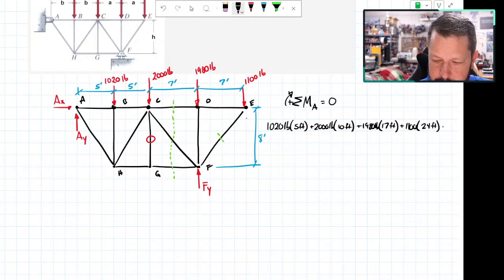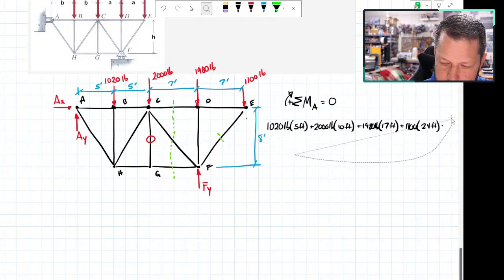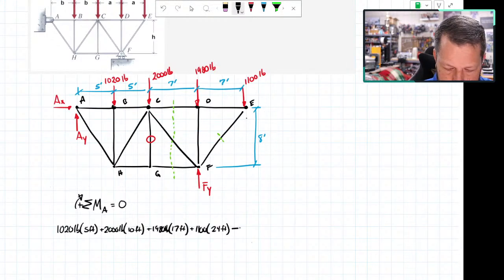And Fy, which is going in a counterclockwise way, so I'm running out of room. Actually, let's put all of this down below. All right, so minus Fy has a moment arm of 17 feet.